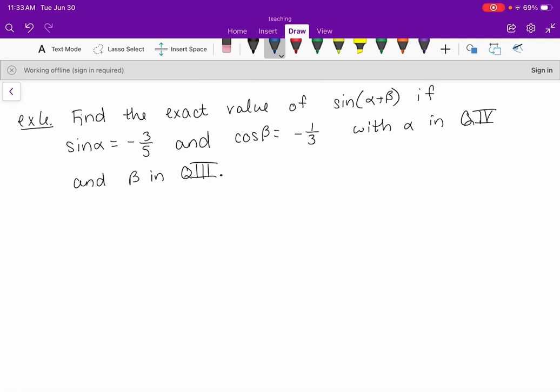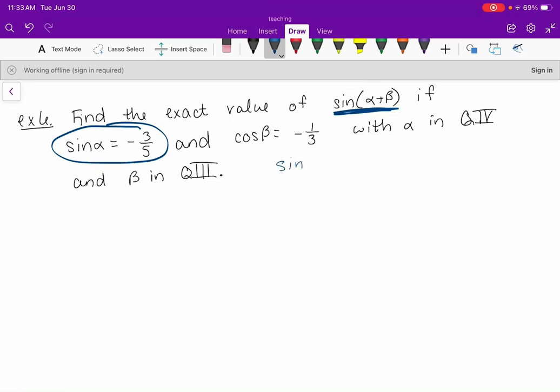It gives you sine of an angle, cosine of an angle. When you see something like this, you're either using identities only or you may need to use a triangle to come up with other values. So first I'm going to write out sine alpha plus beta.